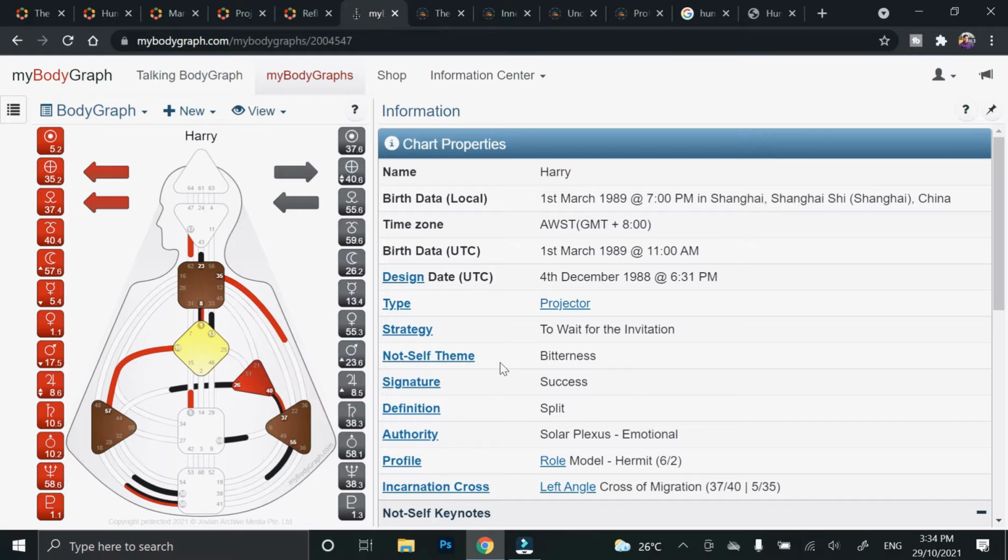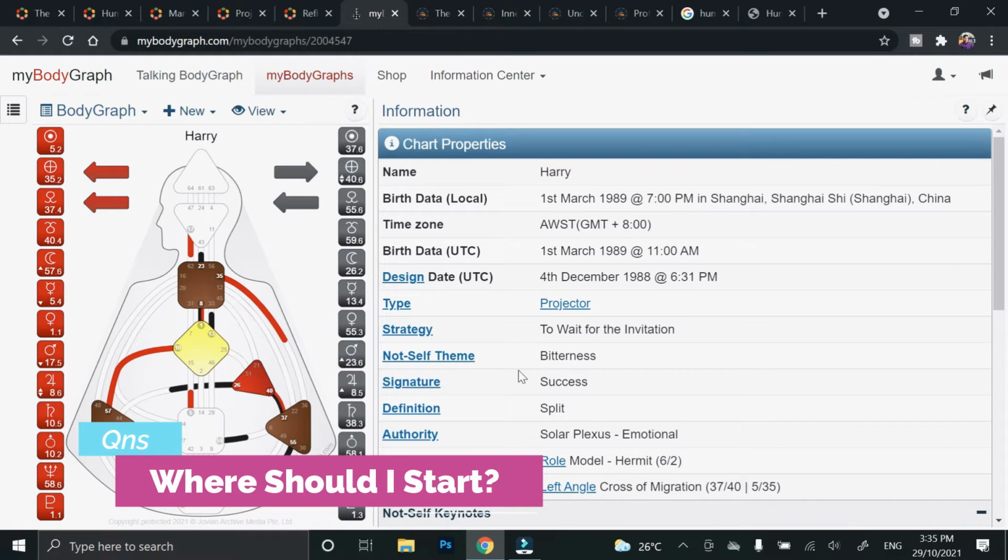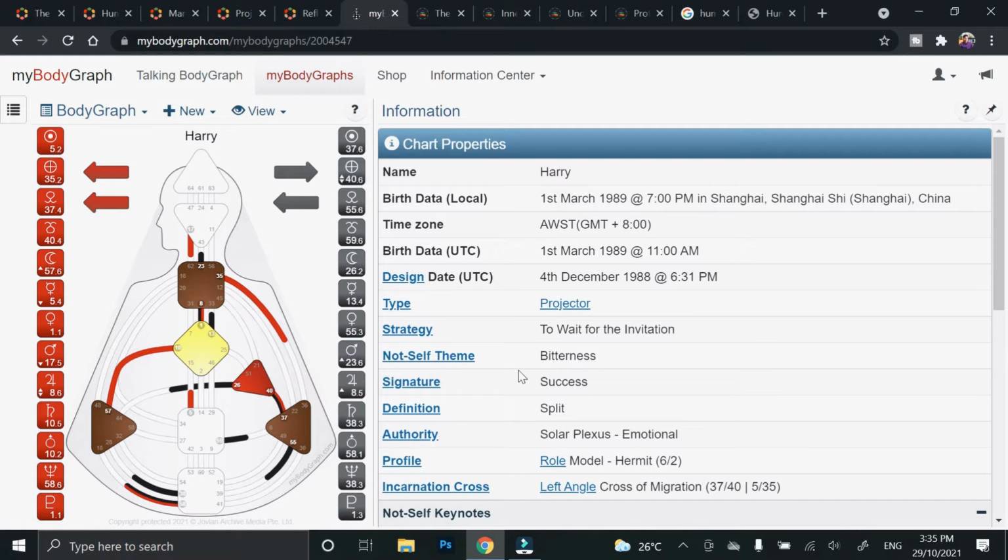Most people would likely be questioning where they should start in human design, or what the more important aspects to understand are. So I wanted to share with you what I believe to be the 4 most important aspects of your human design chart that you should start to understand, the insights they can provide you with, as well as how you can identify them just by looking at your chart alone.